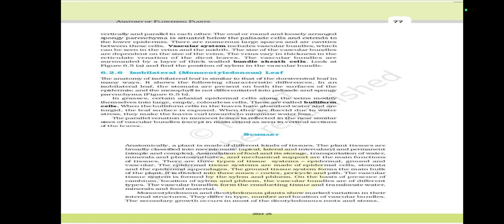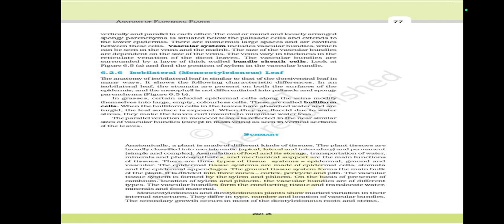In grasses, certain adaxial epidermal cells along the veins modify themselves into large, empty, colorless cells. These are called bulliform cells. When the bulliform cells in the leaves have absorbed water and are turgid, the leaf surface is exposed. When they are flaccid, the leaves curl inward to minimize water loss. The parallel venation in monocot leaves is reflected in the near similar sizes of vascular bundles except in main veins, as seen in vertical sections of the leaves.